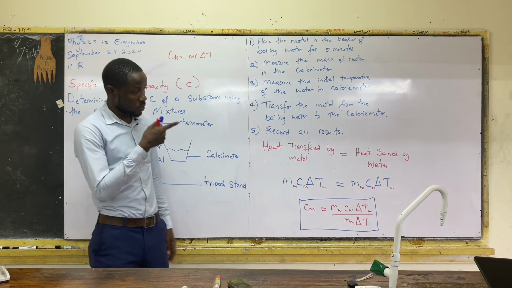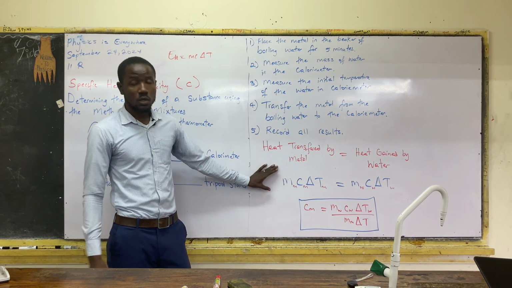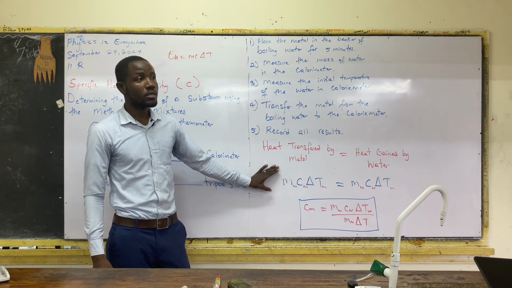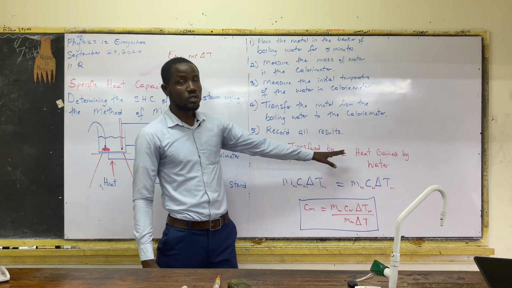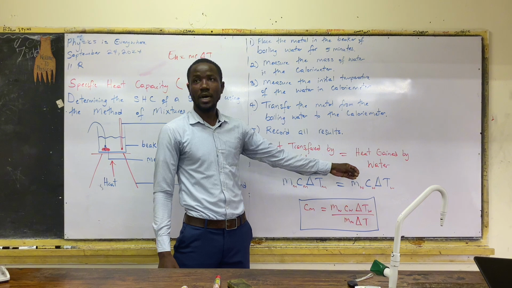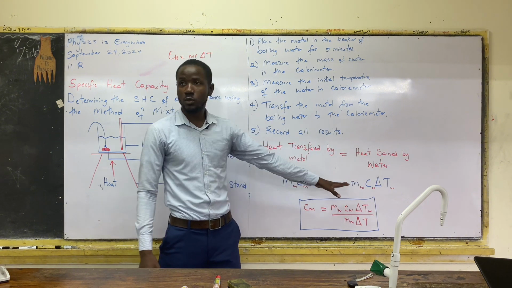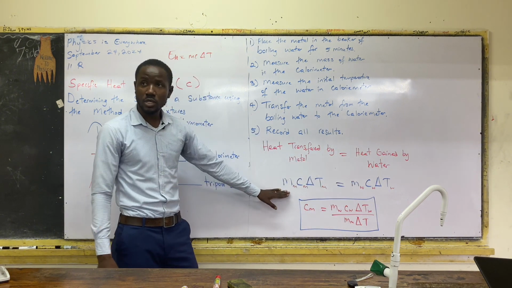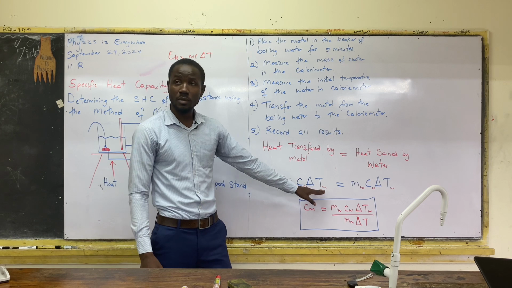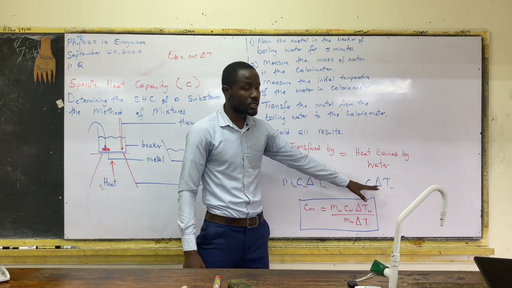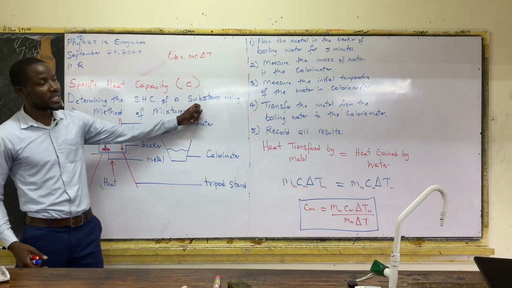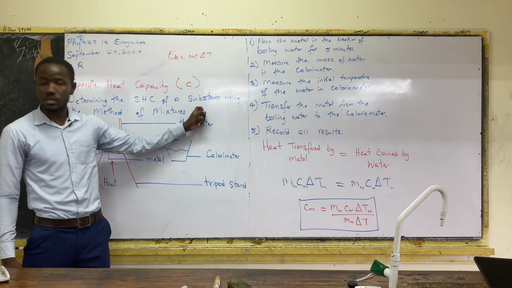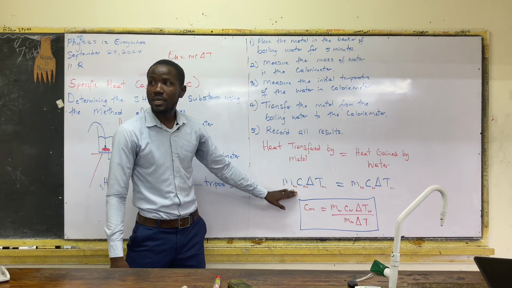So what we're saying again is that we relate the heat energy that is transferred by the metal to the heat energy gained by the water. We equate them as we did right here. We get our expression mcΔT for the metal is equal to mcΔT for the water. But because we're interested in the specific heat capacity of the metal in this case, we have to make that the subject.